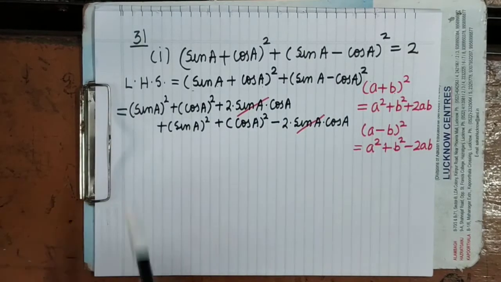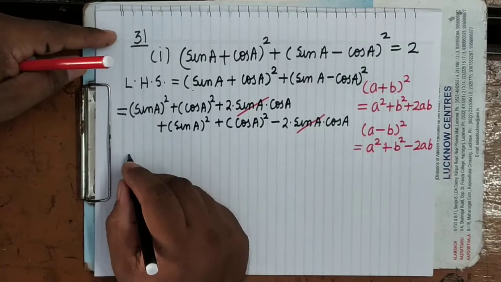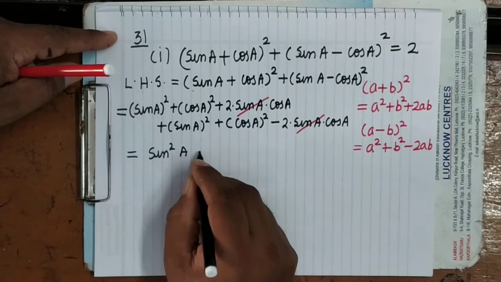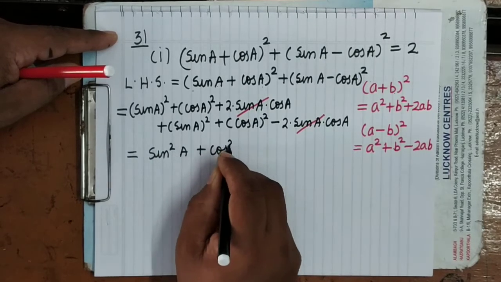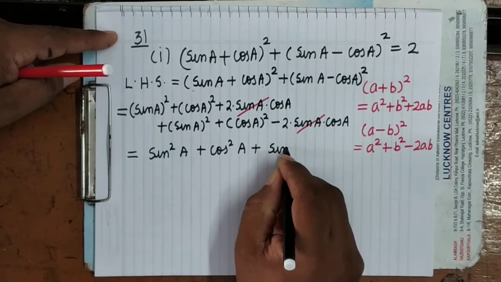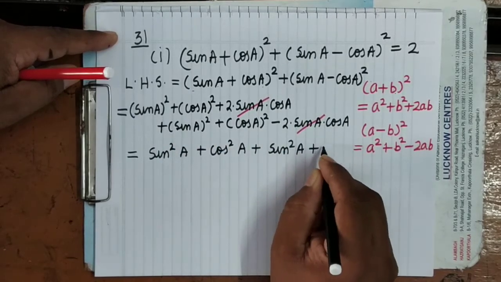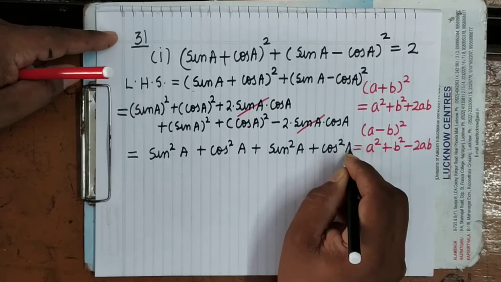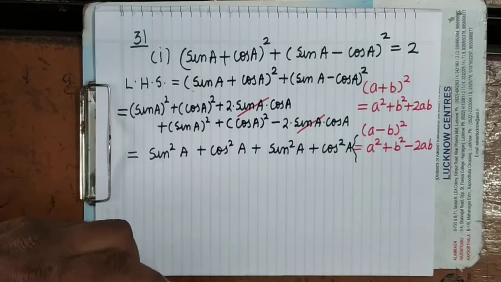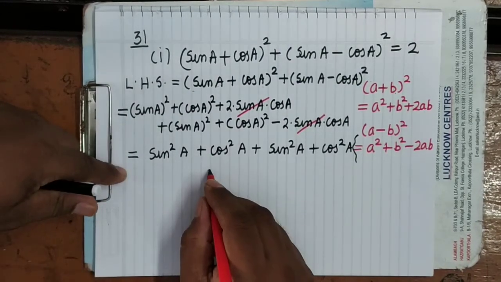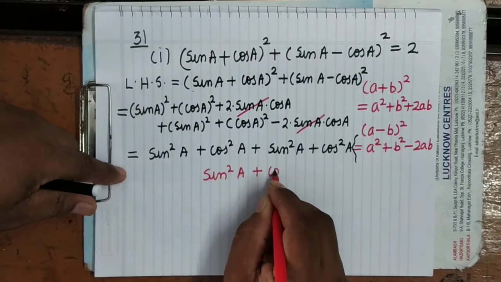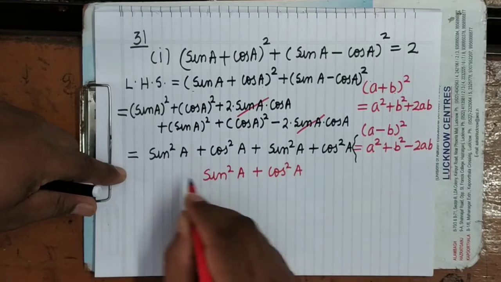After this, sin A whole square can be written as sin square A plus cos square A, and once again sin square A plus cos square A. Now, as you know, there is a trigonometrical identity: sin square A plus cos square A equals 1.